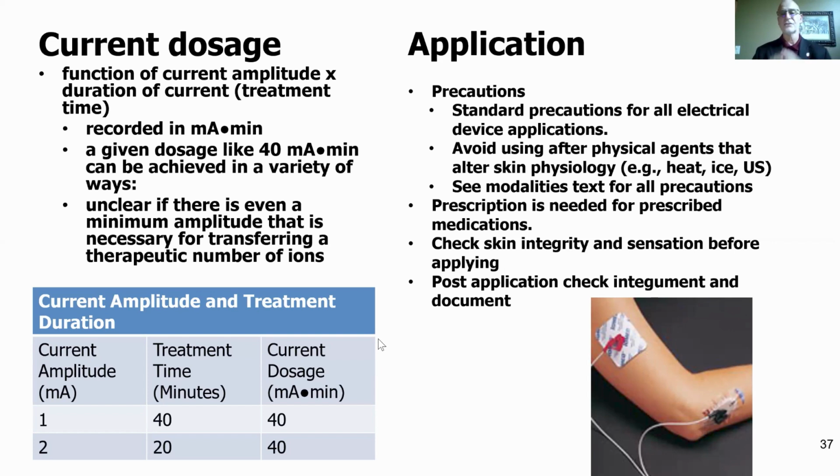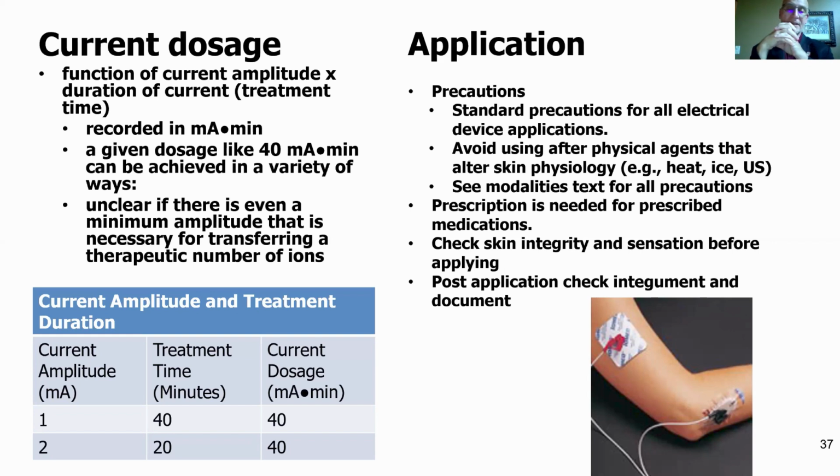Now, precautions for iontophoresis, it's going to be the same precautions as for all electrical modalities. The other thing that you see also is you probably shouldn't use it after other physical agents because there's altered skin physiology. And again, if you're applying a medication, you need a prescription.